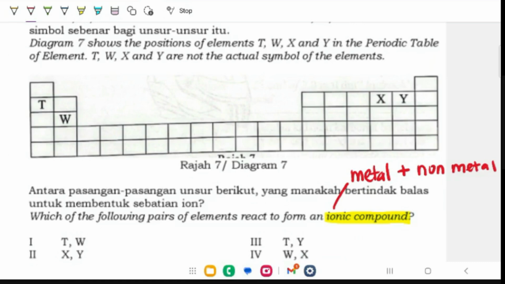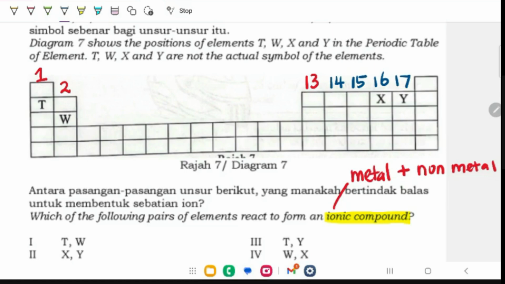This is elements metal. T and W, this is group 2, group 1, group 2. Group 13 actually also metal. Then non-metal it will be 14, 15, okay, 16 and 17.